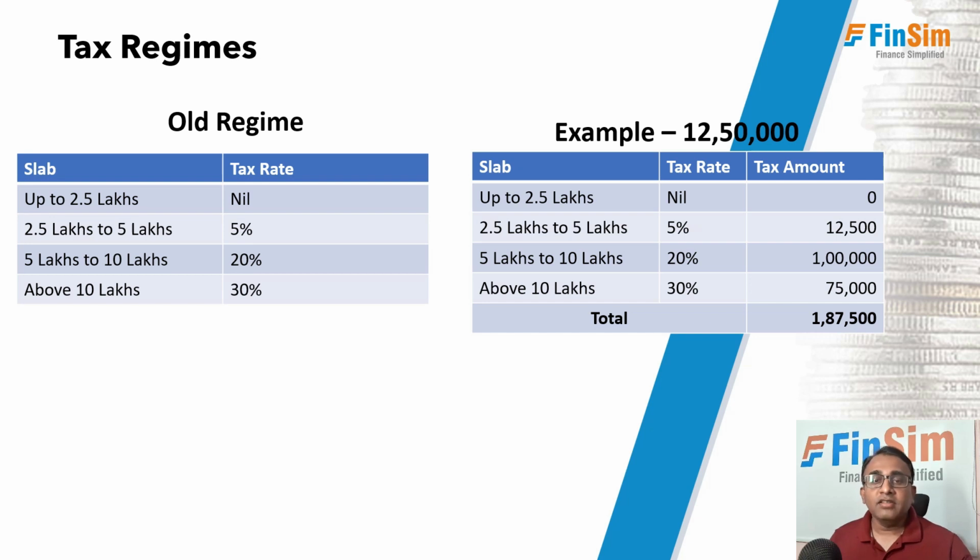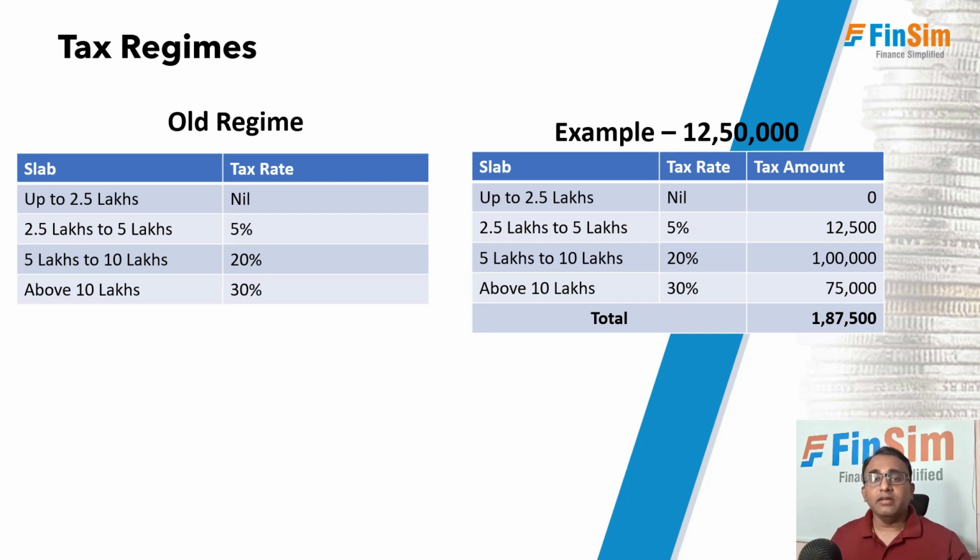Let's understand this with an example where the taxable income of a taxpayer is 12.5 lakh. As per the tax slab, first 2.5 lakh rupees would attract no tax. 2.5 to 5 lakh rupees would be taxed at 5%, resulting in a tax liability of 12,500 rupees. 5 lakh to 10 lakh rupees would be taxed at 20%, resulting in 1 lakh rupees of tax liability.